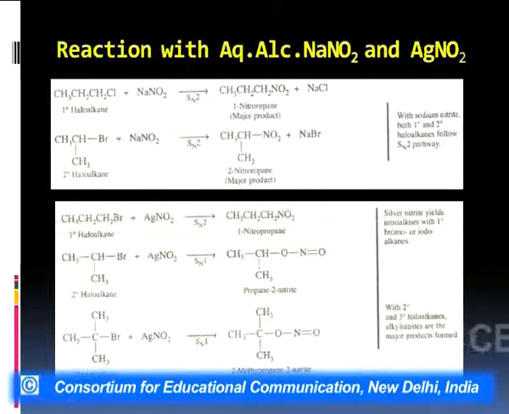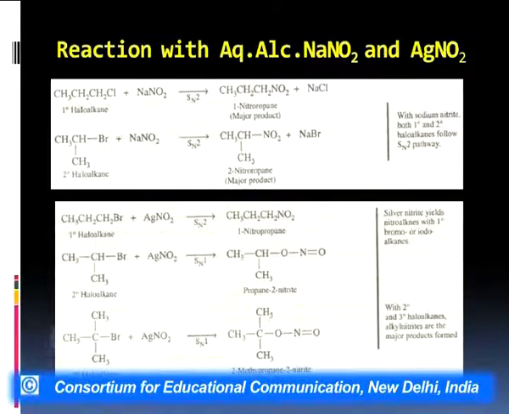Similarly, if we look into the reaction with sodium nitrite, the mechanism will be SN2. It will follow an SN2 mechanism, and we know that here the reaction will proceed through the less electronegative nitrogen, and what we'll get here is a nitro product.